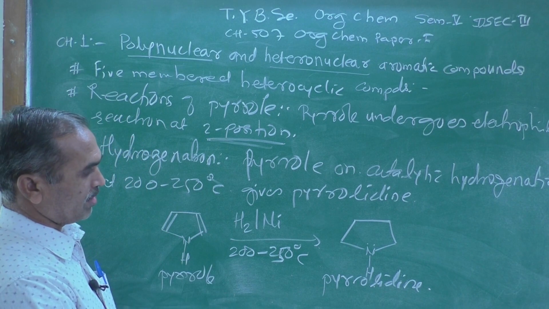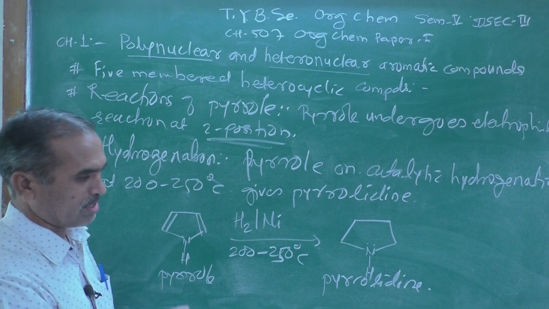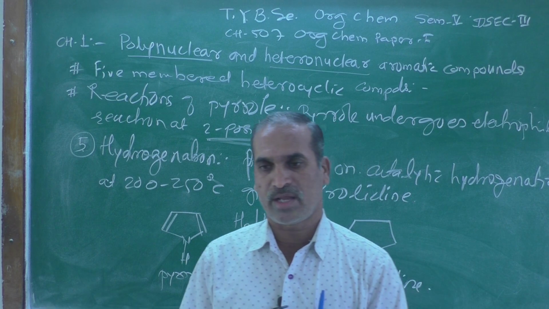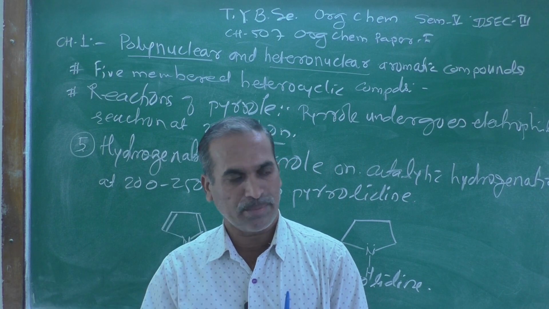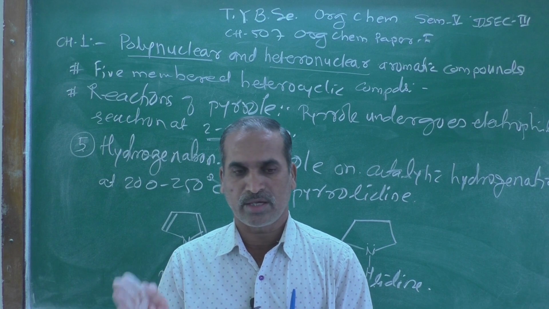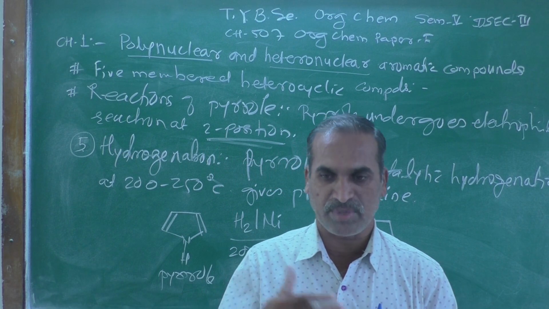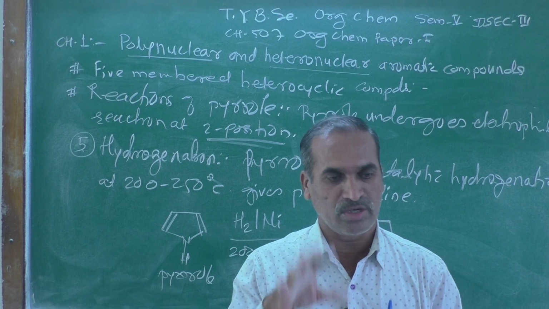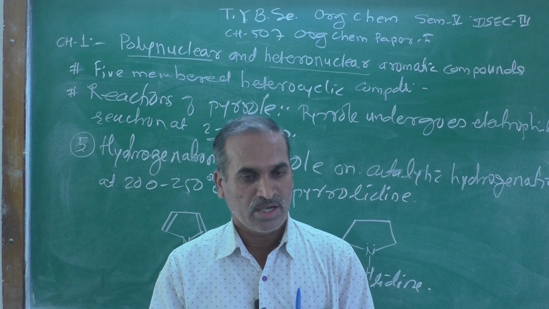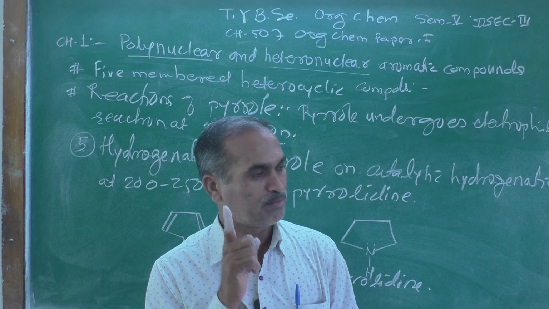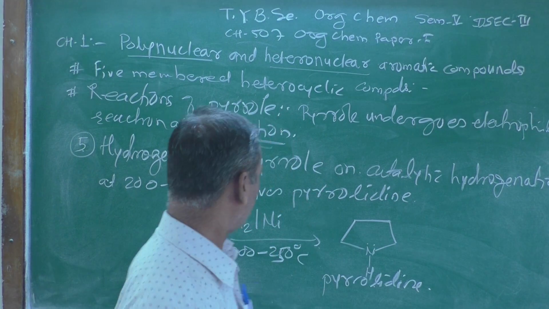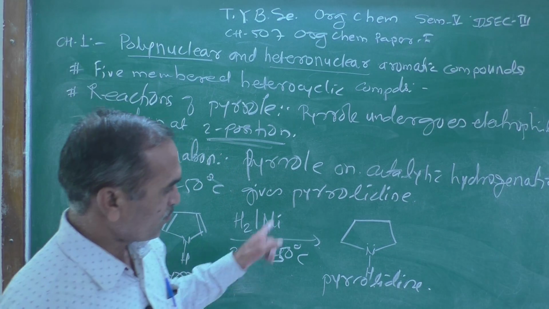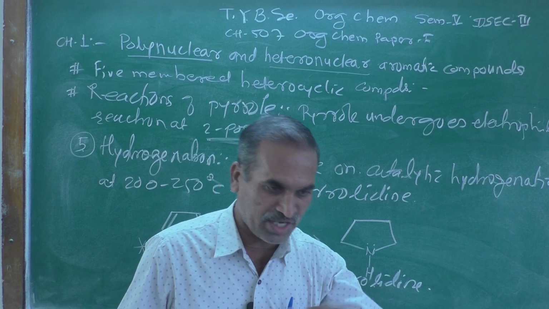If you talk about another difference between these, about the basicity in terms of organic chemistry, one statement is generally made: those organic compounds containing a nitrogen atom are basic in nature. Here both structures, pyrrole as well as pyrrolidine, have a nitrogen atom, and they should show basic property, but pyrrole does not show basic property, whereas pyrrolidine is more basic in nature.